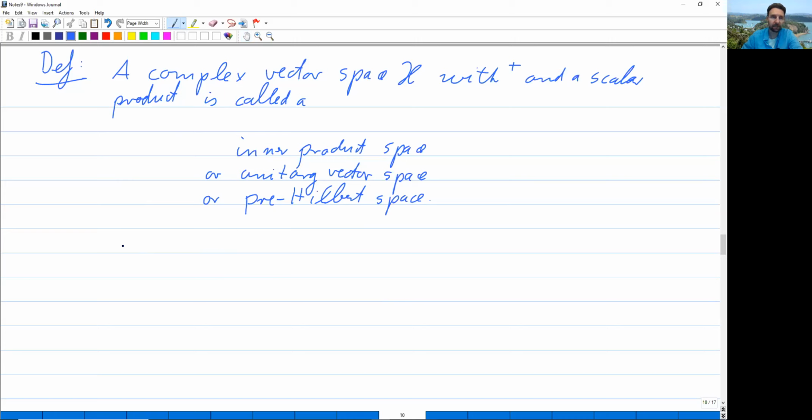So for this purpose, we now define, first of all, the notion of a length of a vector.